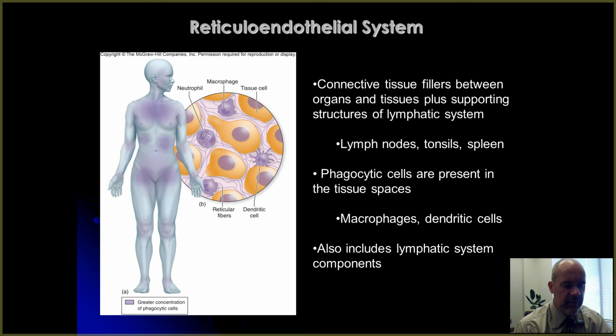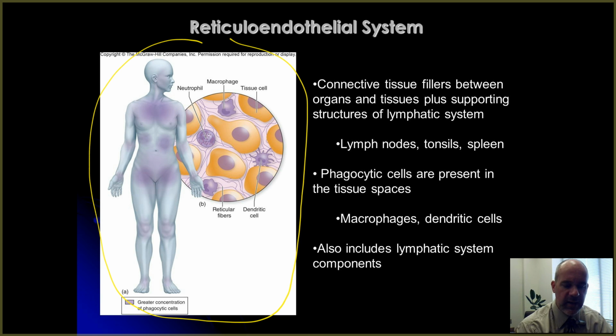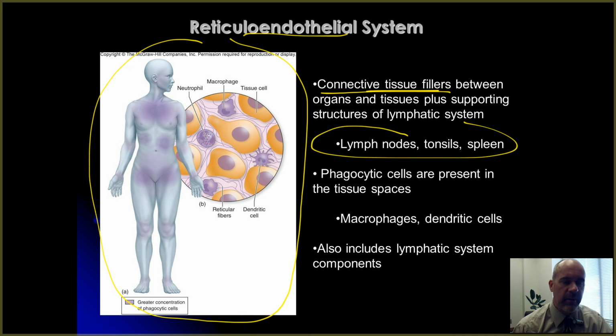This diagram from your textbook is trying to show you that in a different way. Your reticuloendothelial system, because you have all these connective tissue fillers between your organs and other tissues in the body, plus you have the lymphatic system, your lymph nodes and lymph vessels and so forth, your tonsils and your spleen, which we'll be talking about more later.